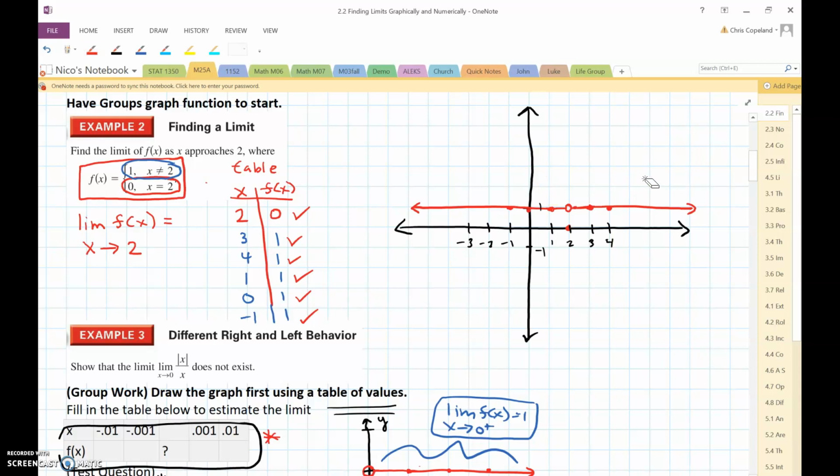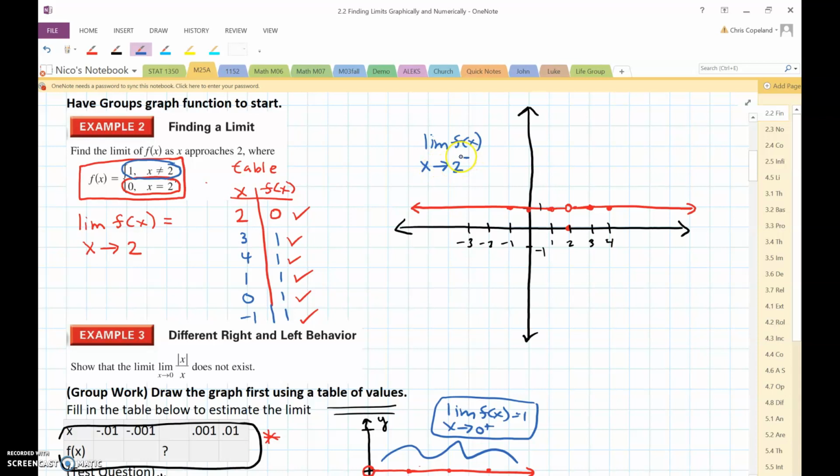Okay, so now let's take a look at the limit here. So we need to look at the limit coming from the left and coming from the right. So first of all, let's look at the limit of this function as x is approaching 2 coming from the left.